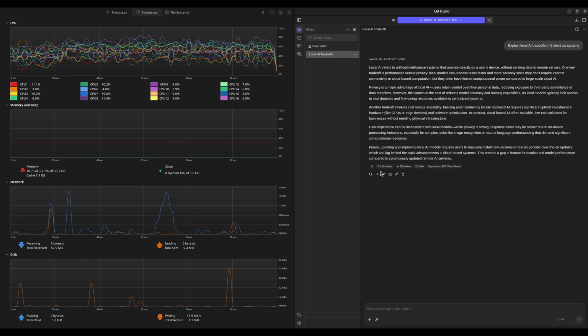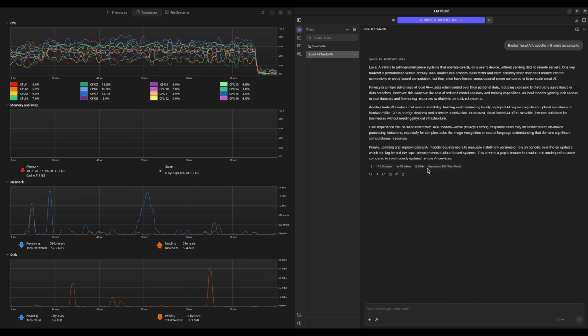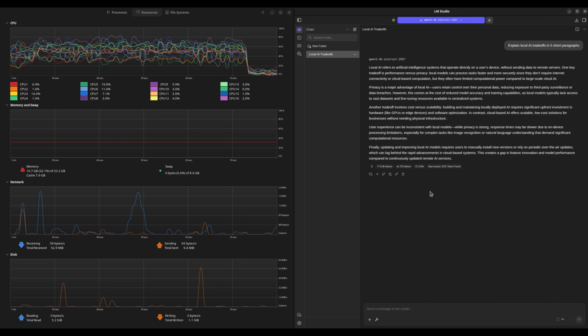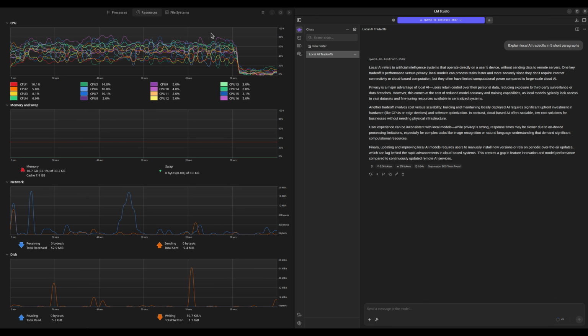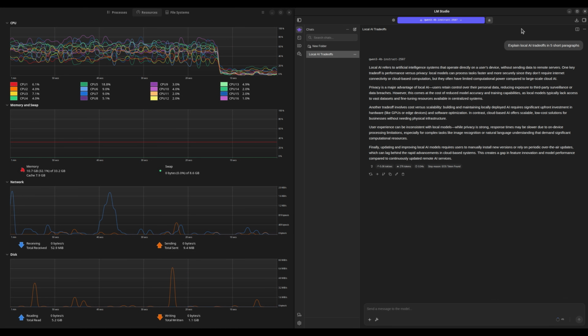As you can see, the result is 5 tokens per second. So not as good as you would like to expect in a real situation, but it is something usable. So yeah, that's the first test.